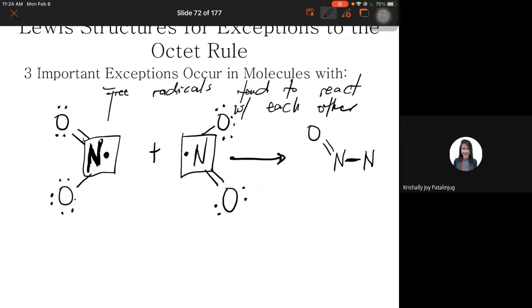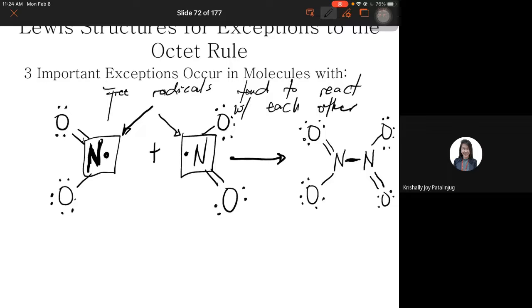Ayan. So let me completely draw the structure. Ayan. Okay, so yung point lang dito is kapag free radicals, for them to attain their stable state, para wala na yung lone unpaired electron.